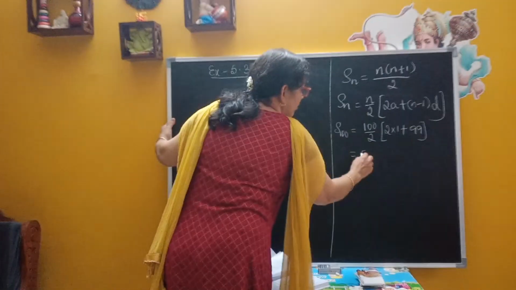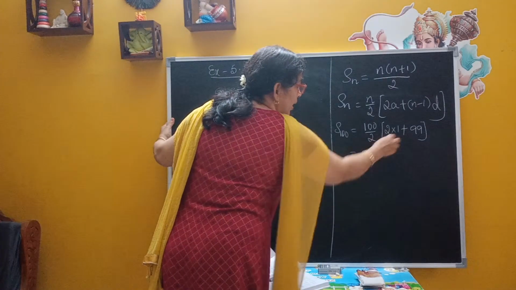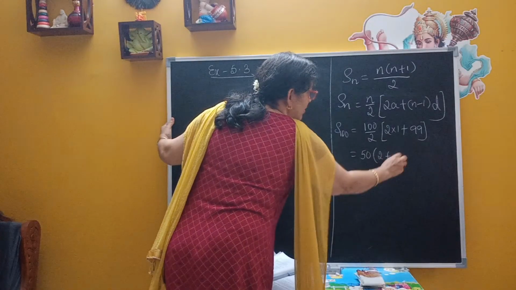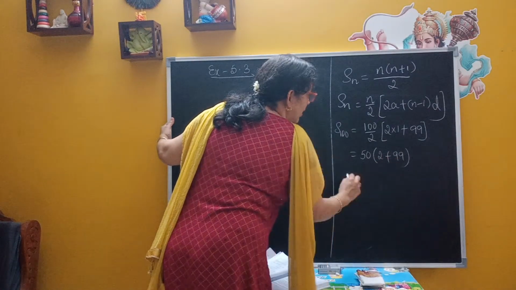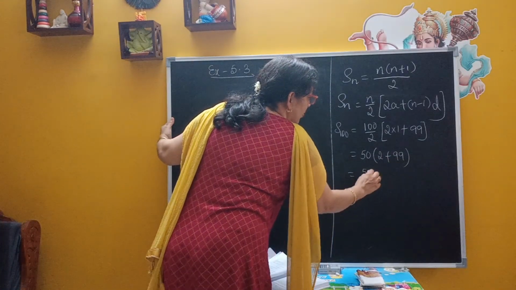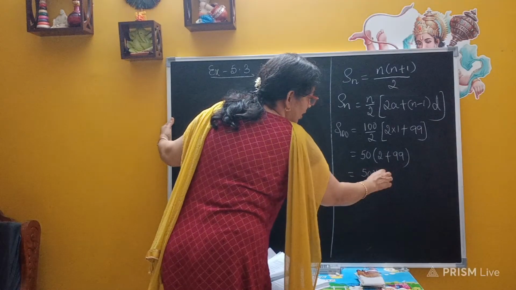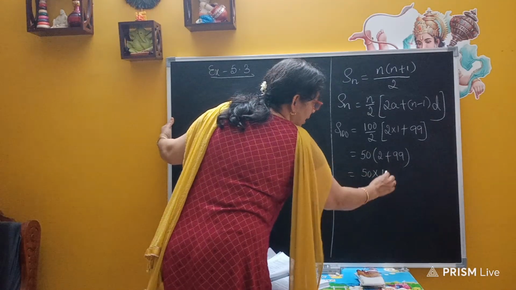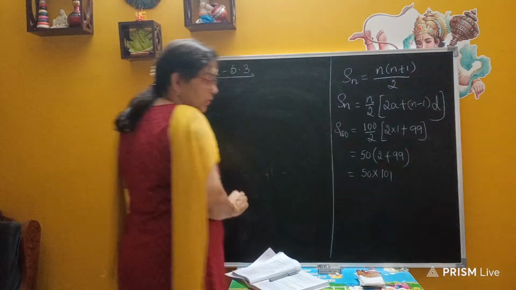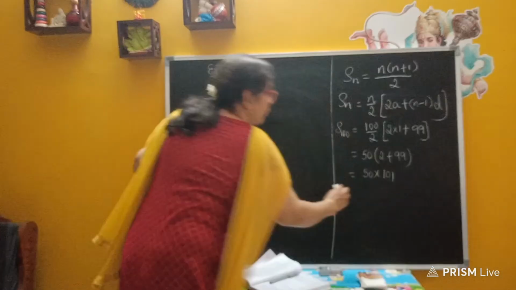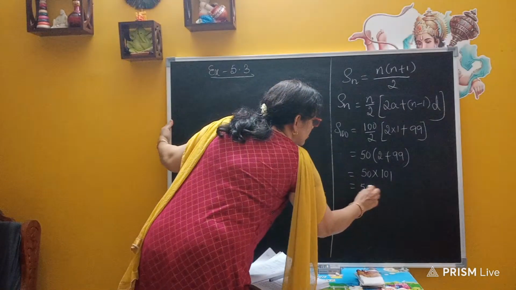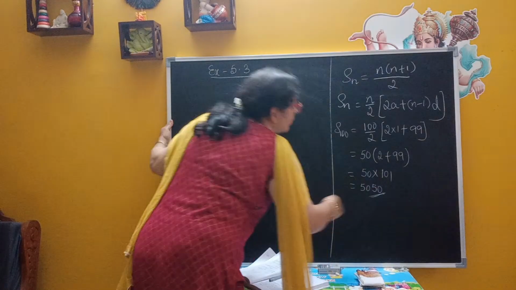So it is 50 into 2 plus 99, that is 50 into 101. The sum is 5050.